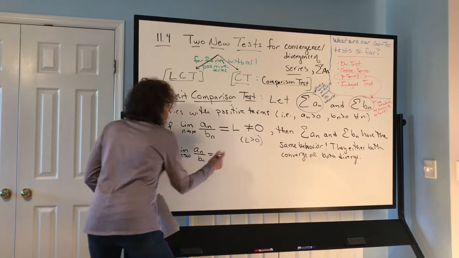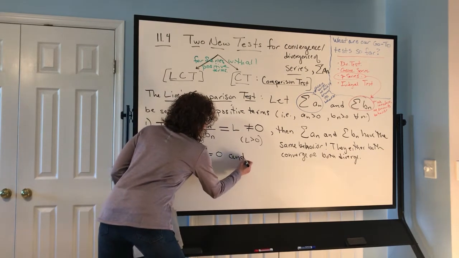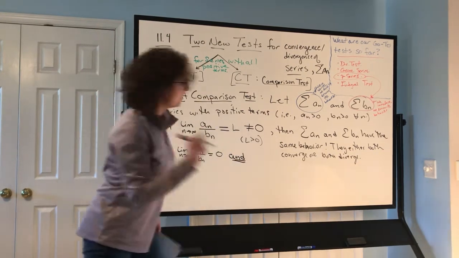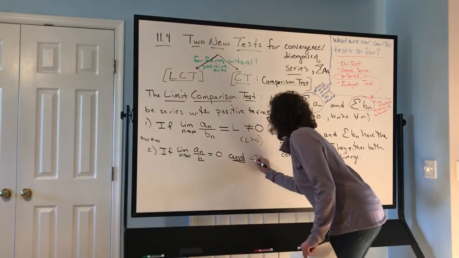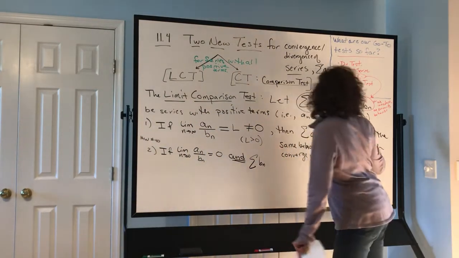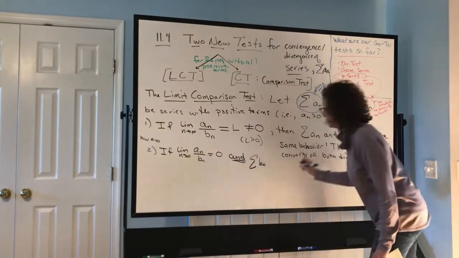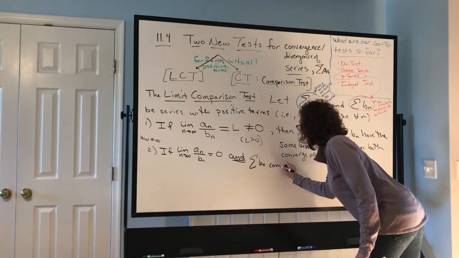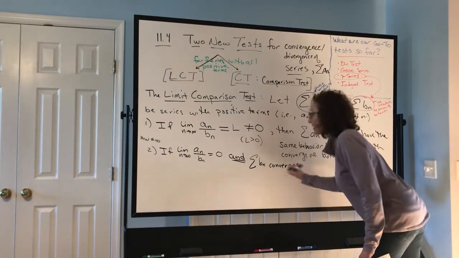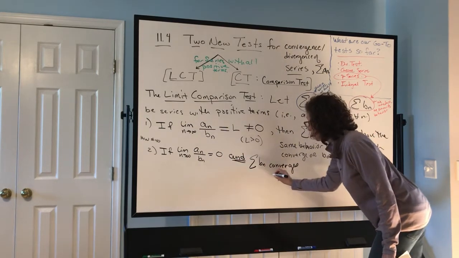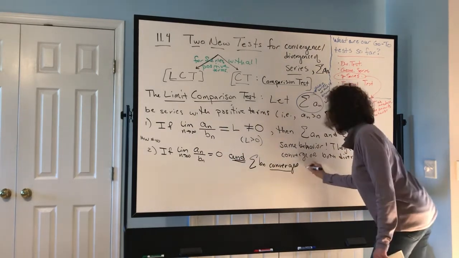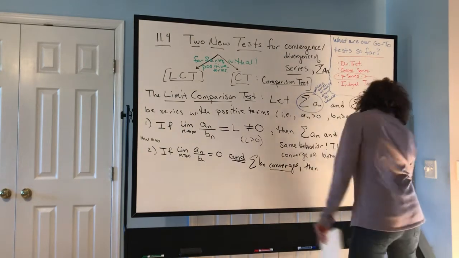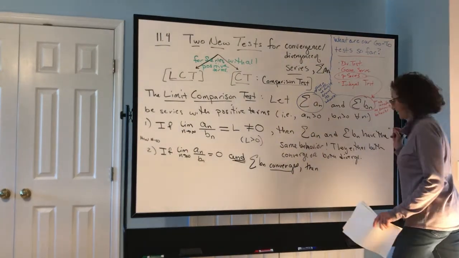If this limit was equal to 0 and I chose my Bn such that it was a convergent series, then what do you think you're going to be able to say?